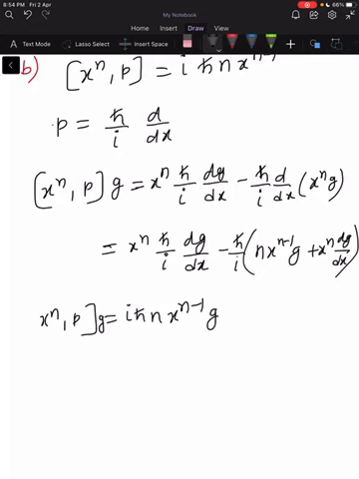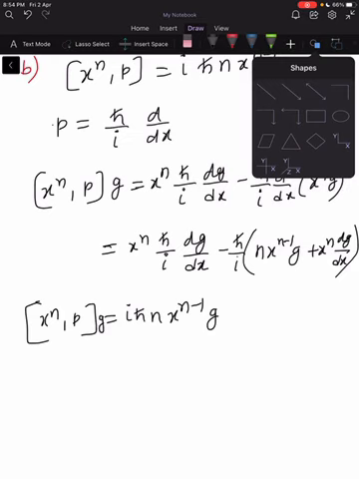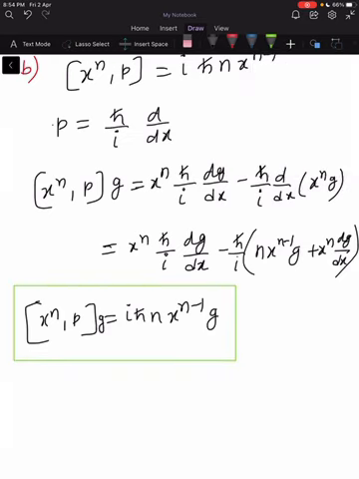So this is the result for [x^n, p], and this is the proof of the equation in part B of the question.